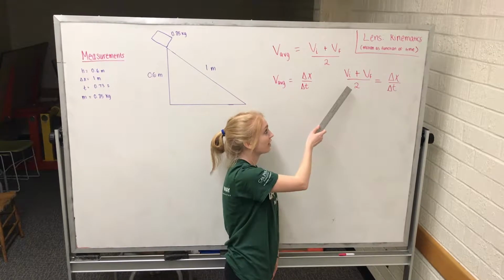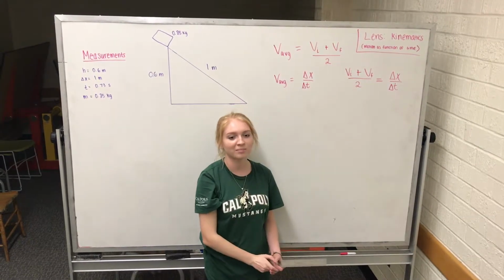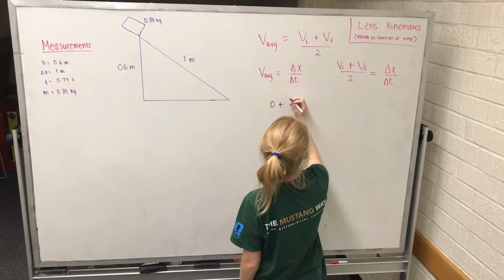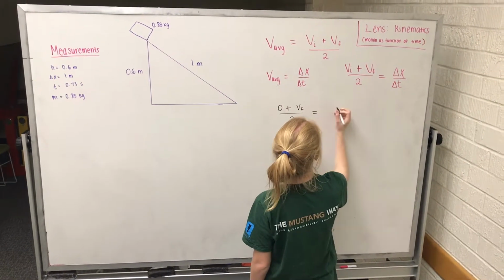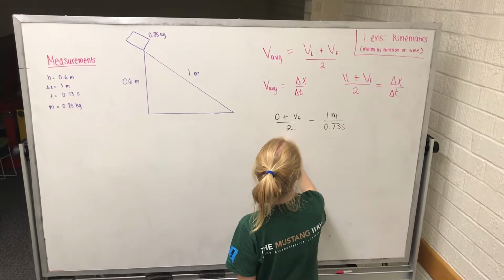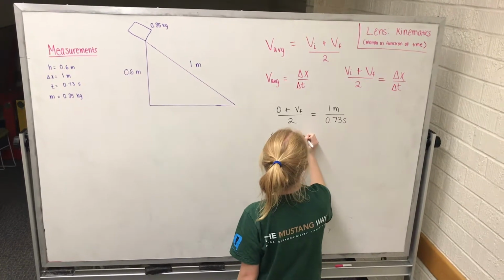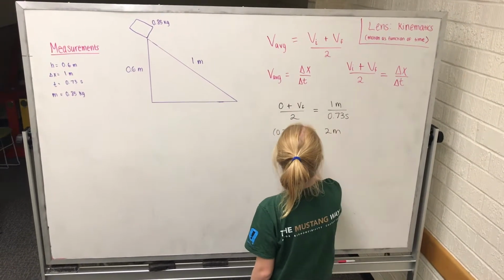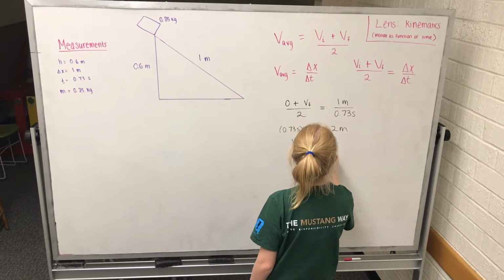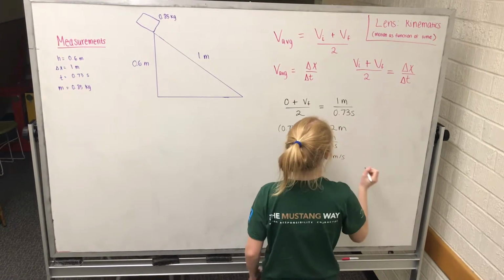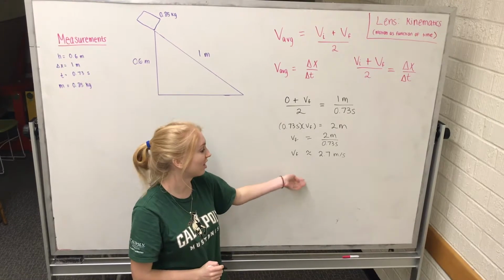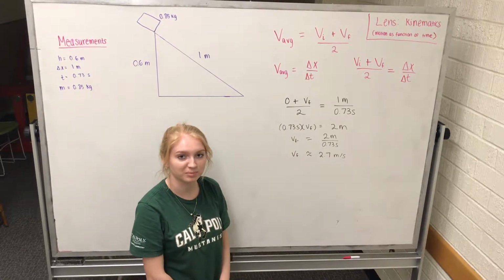And we know that the initial velocity is 0 because the block starts from rest. So we find that the final velocity is about 2.7 meters per second.